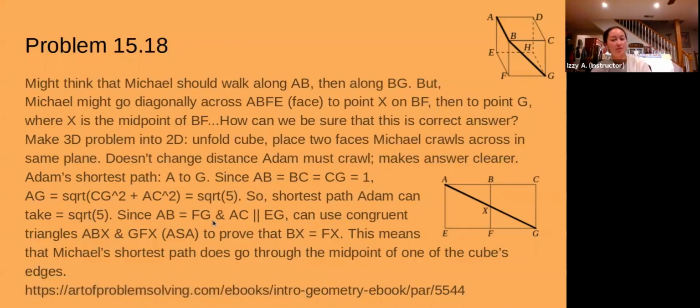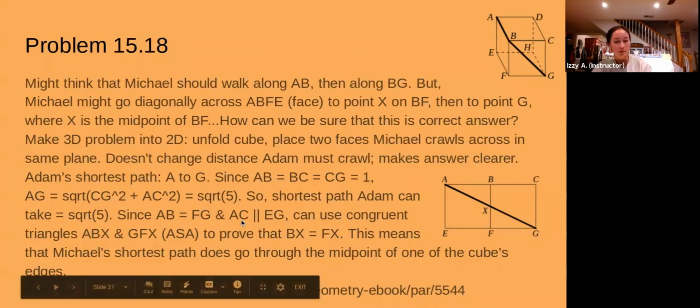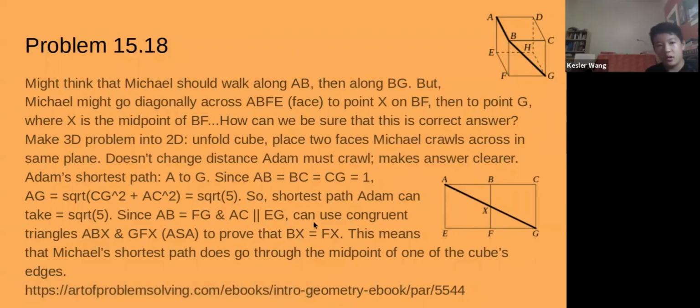Since AB is equal to FG and AC is parallel to EG, we can use the congruent triangles ABX and GFX to prove that BX is equal to FX. This means that Michael's shortest path does go through the midpoint of one of the cube's edges. But that doesn't solve the problem.